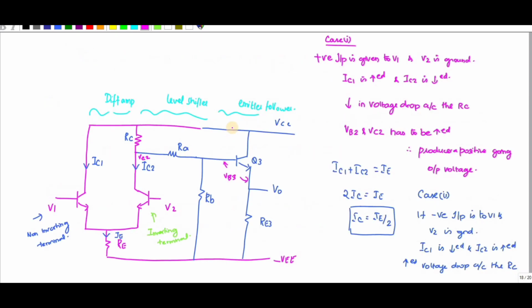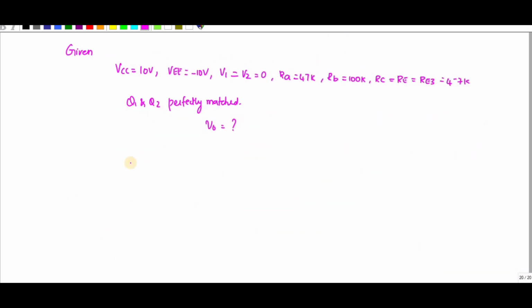Okay, for this one, you have to look into this circuit. So first, let us discuss this. Let us take this part. Okay, that is V1. V1 is equal to, I can write, V1 is equal to VBE plus VRE, right?